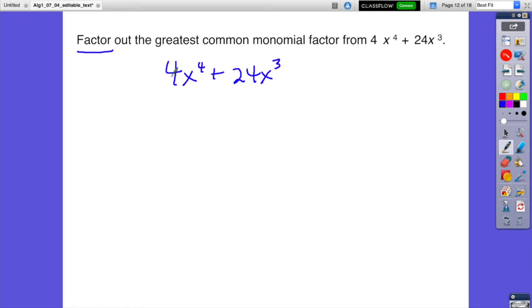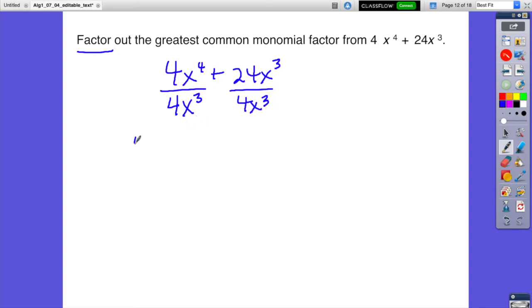What is the greatest common factor? Well, I know that I could take a 4 out of both. I can also take out 3 x's. So it's the same thing as if you were to divide both of them by 4x cubed, so that you can see it.